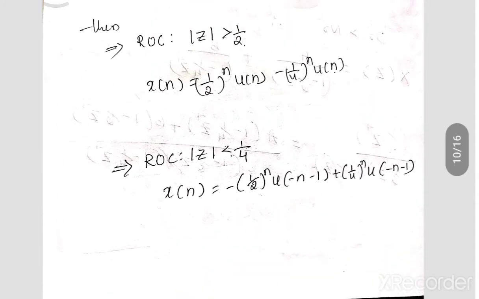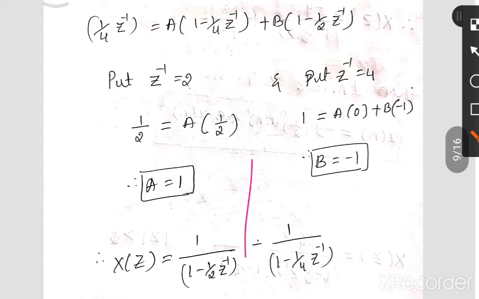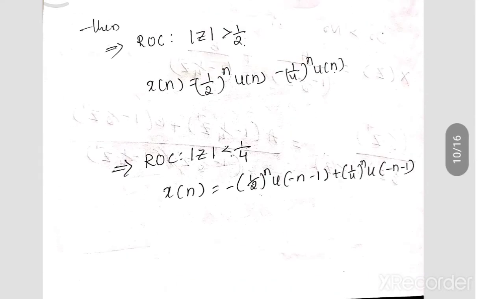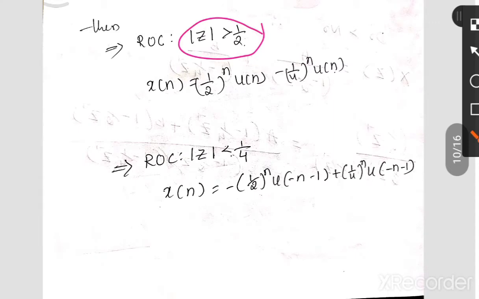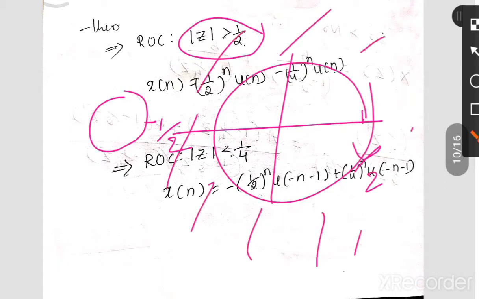When they say ROC is greater than 1/2, it means it exists outside the circle of radius 1/2.